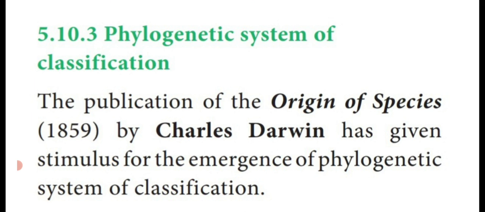The modern system of classification, or third system, is known as the phylogenetic system of classification. This system was proposed based on the book known as Origin of Species, written by Charles Darwin in the year 1859.